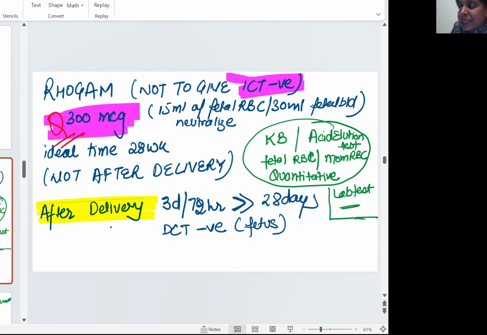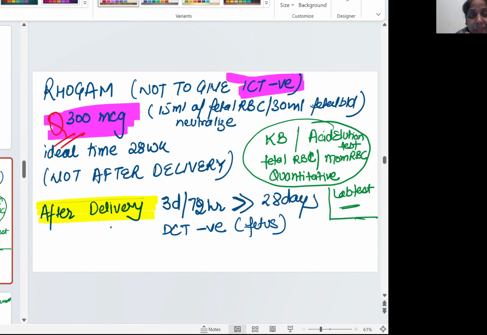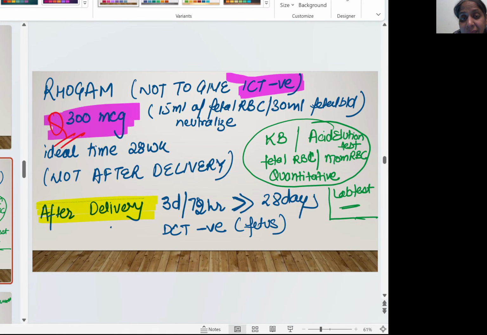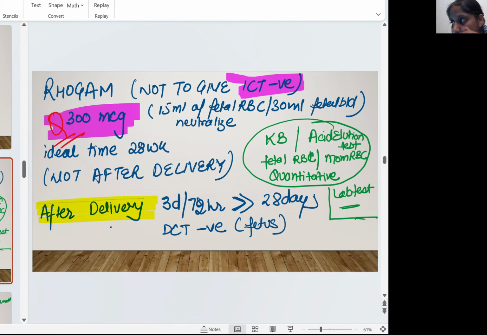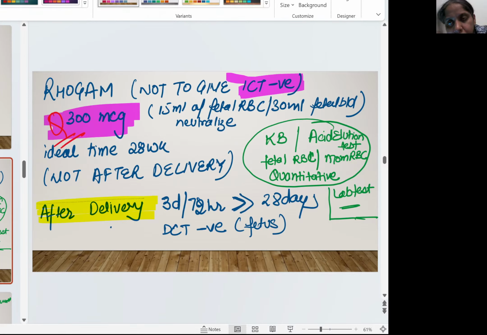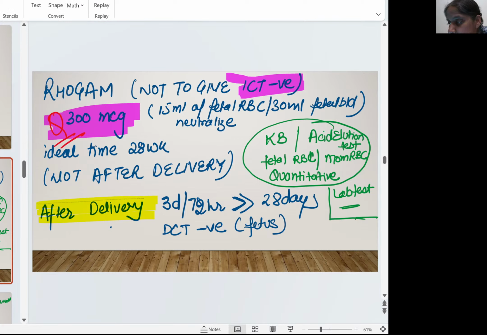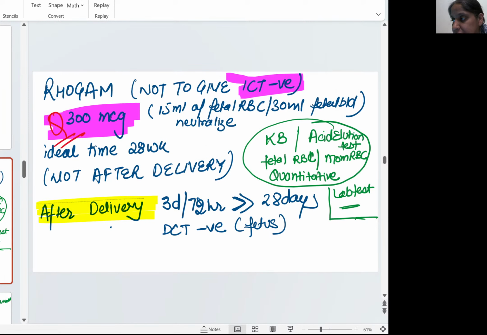Mother should not be making antibodies. If ICT is negative, then only we will give. Is it okay?